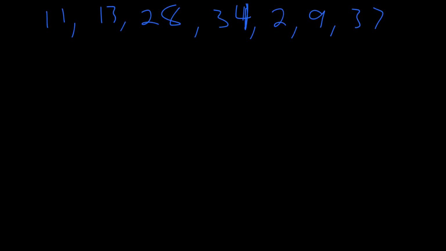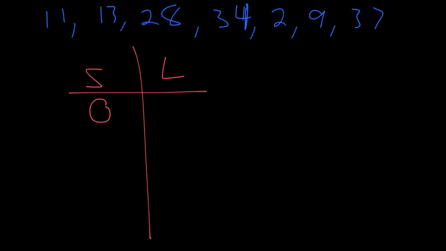Here is an example of how you could make a stem and leaf plot. Very quickly, this would be the stem, and this would be the leaf part. If I'm looking at these numbers, my lowest number is a 2, and my highest number is a 34. So I'm going to start by going 0, 1, 2, 3.